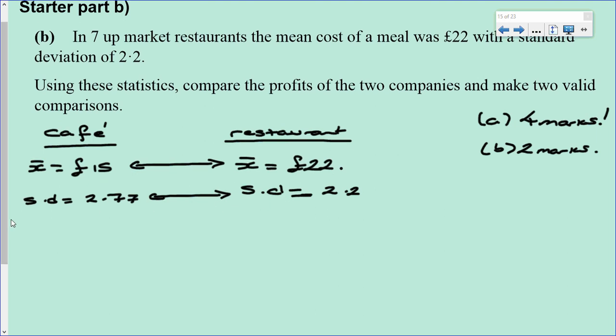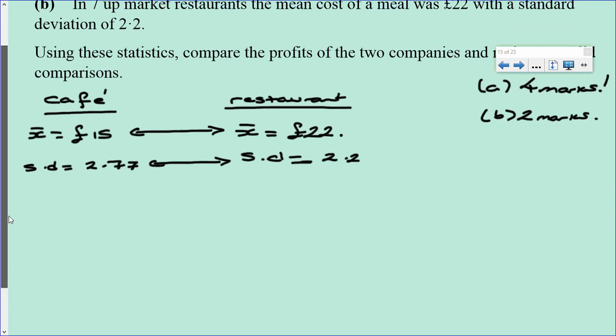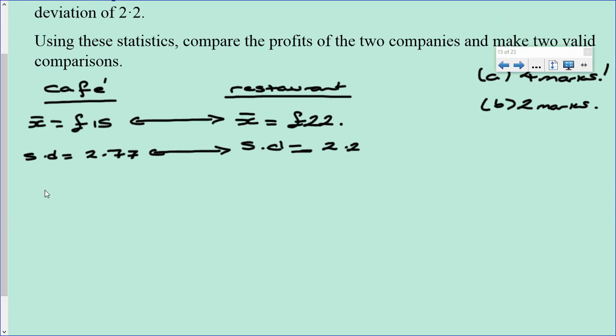So looking at these, we're talking about prices of a set menu meal. In a cafe, it was £15. In a restaurant, it was 22. If I was thinking about that out loud, I would say the restaurant is more expensive than the cafe. That is an absolutely perfect sentence, as long as we then add in extra parts.